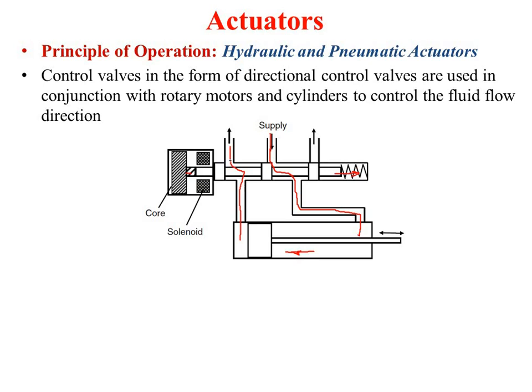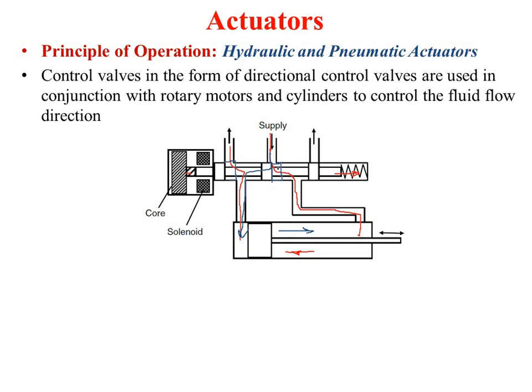Now this is closed, this is closed, and this will move in this direction. So there is a flow of material in this direction and it will move to this one, and the pressure on this side will increase and this will force this piston to move in this direction.